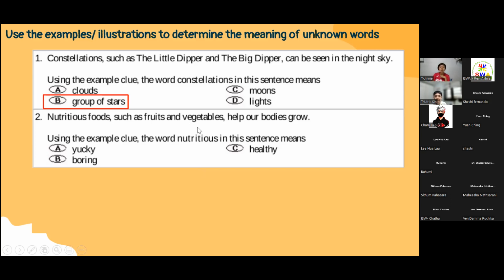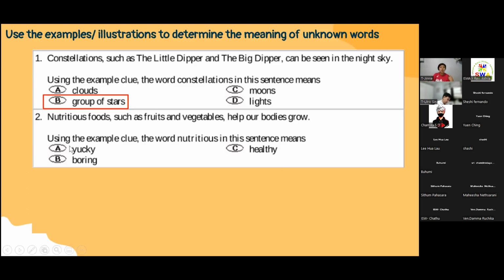But let's take a look at the example and illustration, which is fruits and vegetables. When you think about fruits and vegetables, do you think of unhealthy? Is it fried? If you still do not know what fruits and vegetables are, you look at the end again: help our bodies grow.